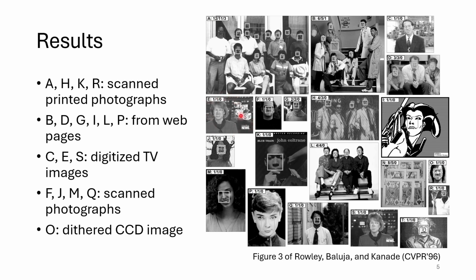For this one, they are TV screenshots. And some even use CCTV images, like this one. They can also detect faces from pens or from poker cards. So it looks good.